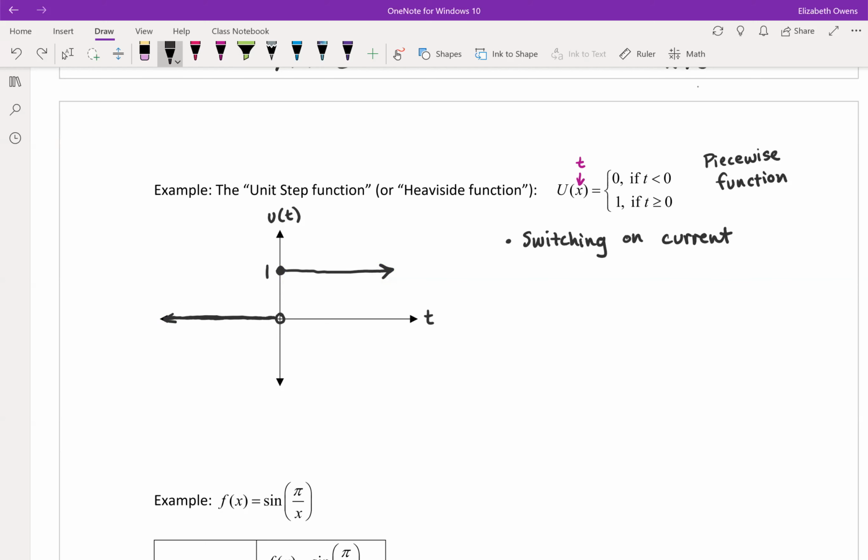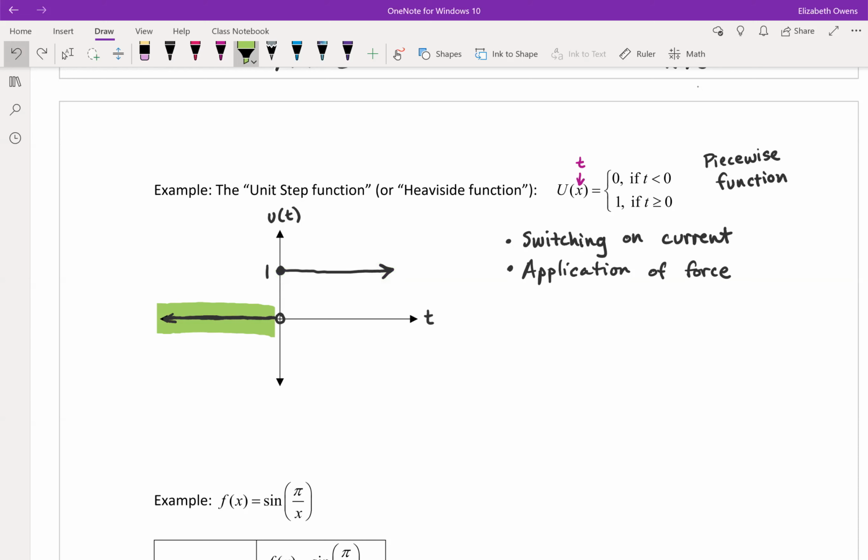Or another application might be the application of a force very suddenly. Now, in most practical real world circumstances, force gets applied a little bit more gradually, I believe, but we could say there's no force being applied to your object, and then all of a sudden, wham, it gets hit with force, and then that force is applied for the rest of whatever time period you're looking at.